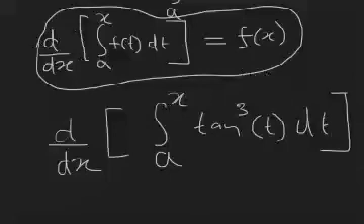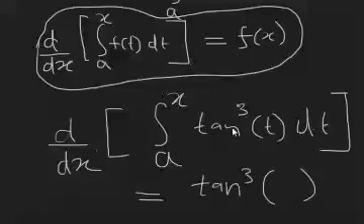So when you differentiate this integral with respect to x, you get this function, tan cube, and we know that this is a function of x, so tan cube of x. Alright.